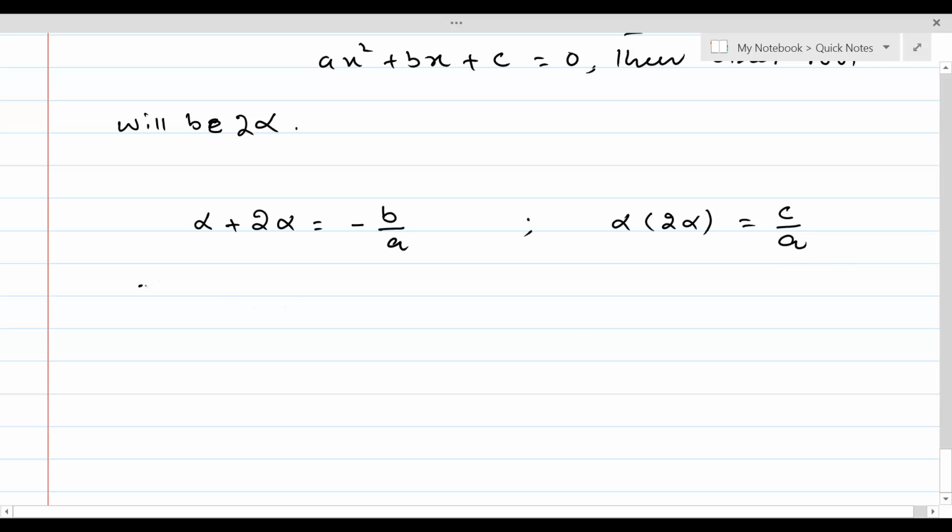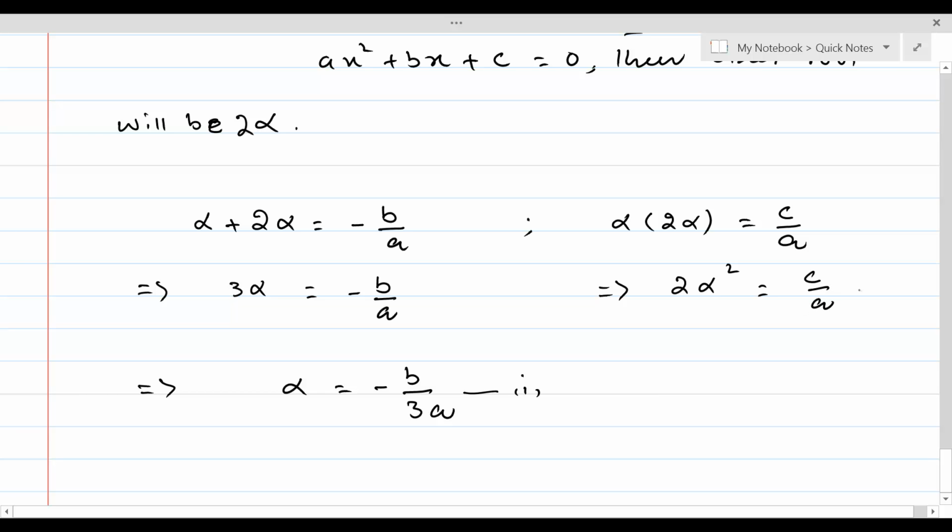So this is 3 alpha. 3 alpha is equal to minus b over a, or alpha is equal to minus b over 3a. Let's call this 1, and this means 2 alpha square is equal to c over a. Let's call this 2.